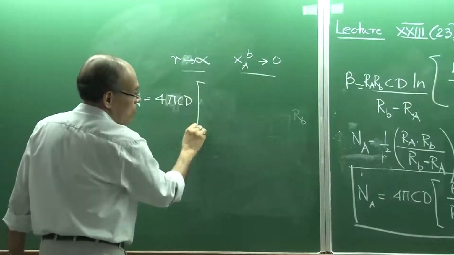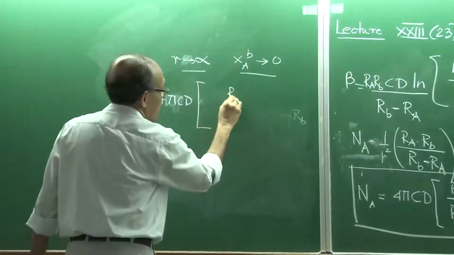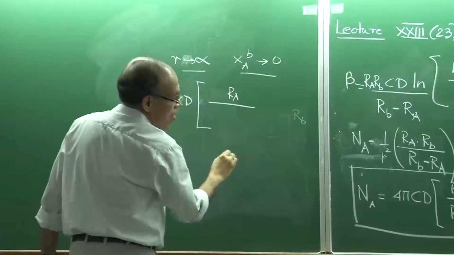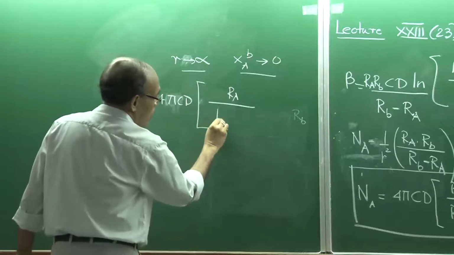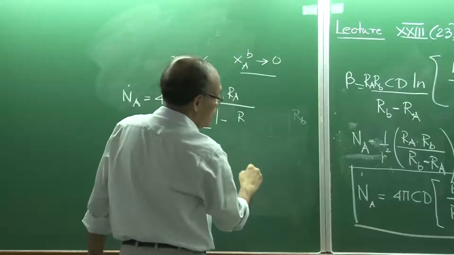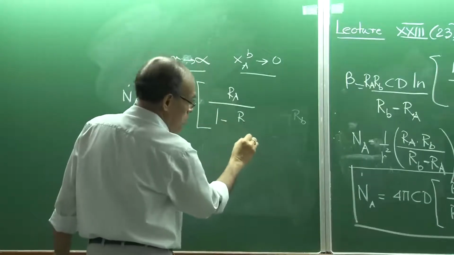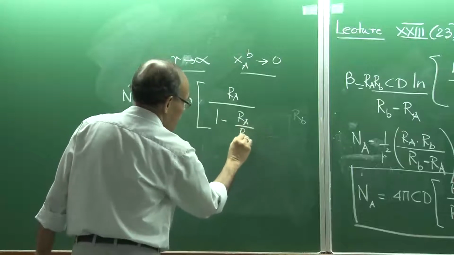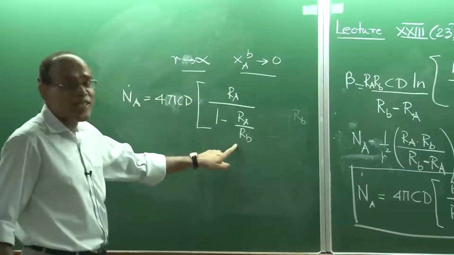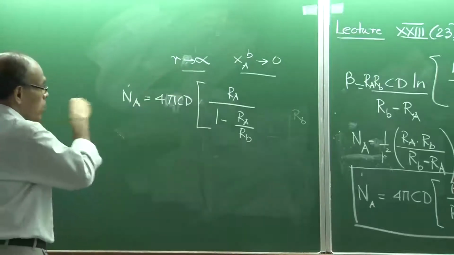and then what we are going to do, we are going to divide it by Ra. So, this is going to be Ra and this is going to be Rb, 1 minus Ra by Rb. But this term is going to be equal to 0 because Rb tends to infinity.